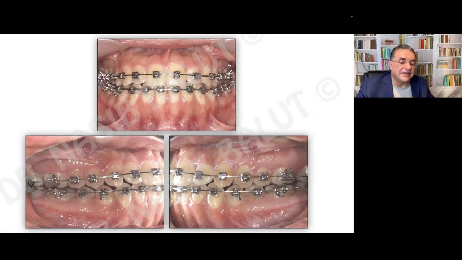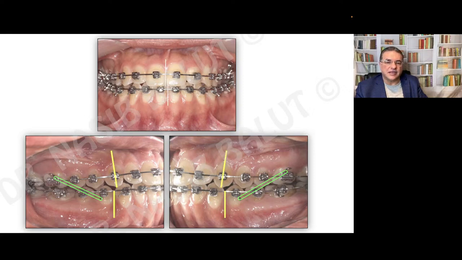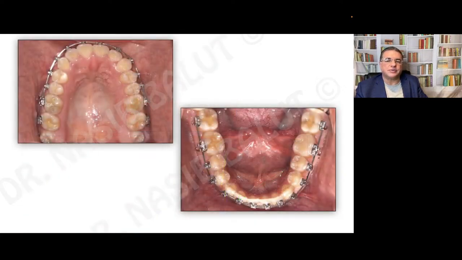Remember, I had almost a full class 3 molar and cuspid, and now I am on purpose provoking a light class 2 on both sides. I want to overcorrect the case, continue with the class 3 elastics, and I have now a class 2 relationship. I don't want to have a big arch development.